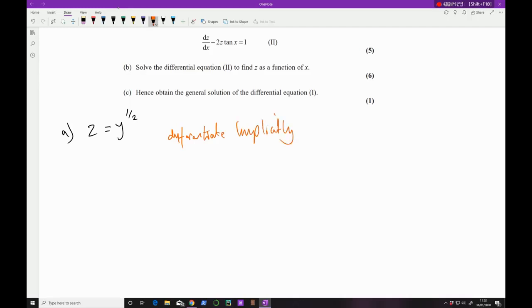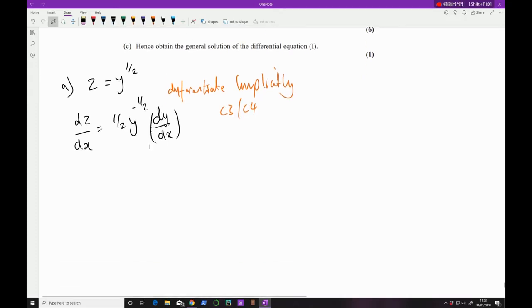Okay, so this is, I believe, either core 3 or core 4 maths. So dz by dx simply equals a half y to the power of minus half dy by dx. So that's your implicit differential.